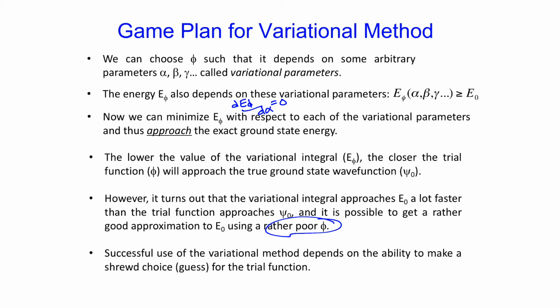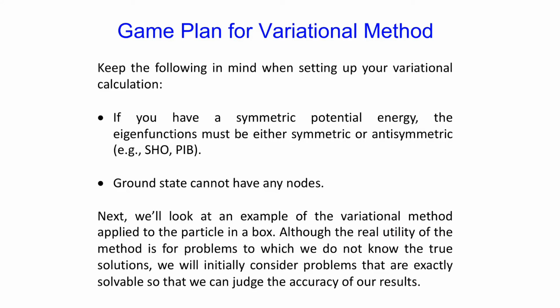Okay, so this is why we like it. All right, so basically, doing a good variational calculation really just depends on your ability to make a good guess at the trial function. So there's not a lot at stake.